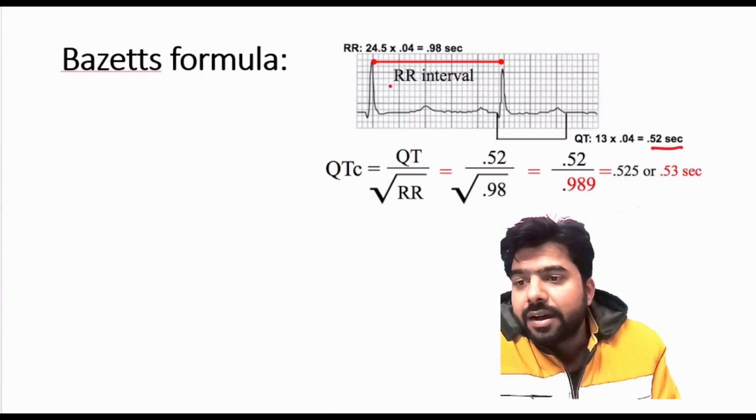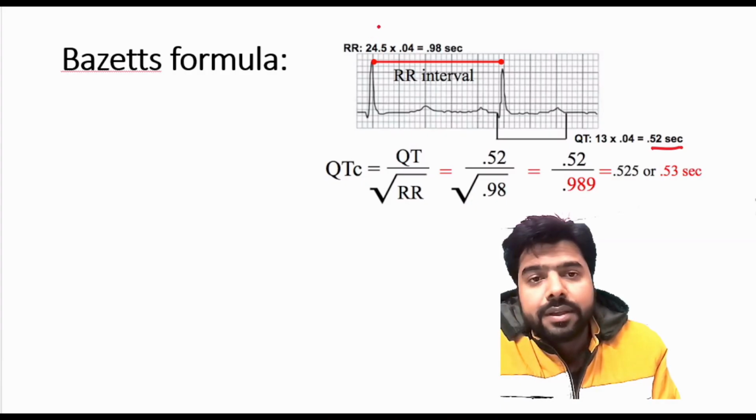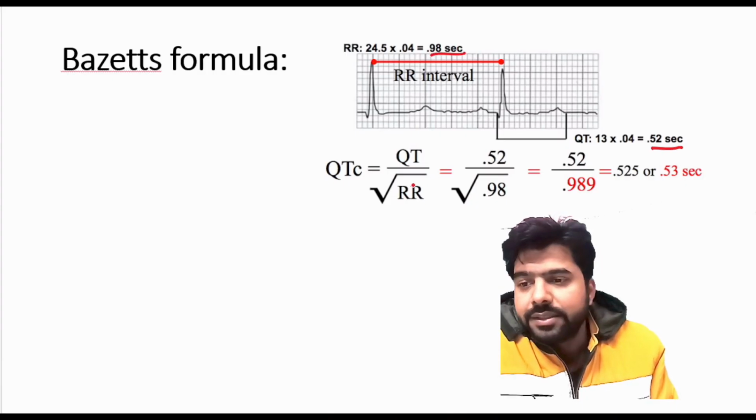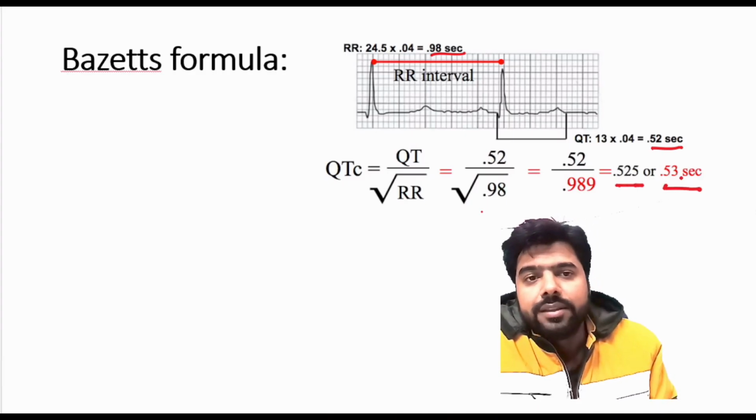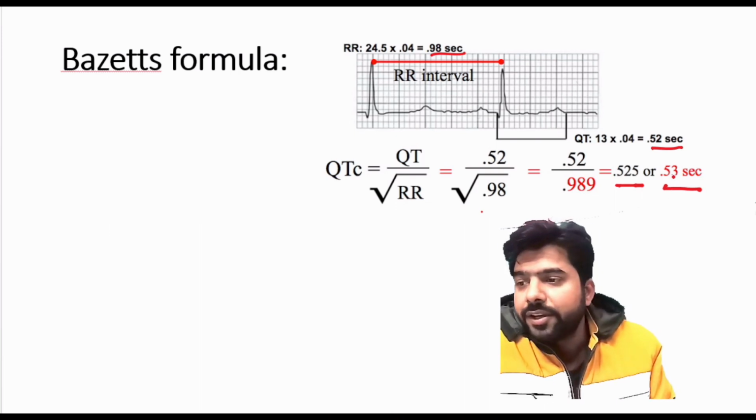And similarly the RR interval has 24.5 small squares, and 1 small square is equal to 0.04, so it is 0.98 seconds. So 0.52 upon the square root of 0.98 means 0.52 upon 0.989, which comes to around 0.525 or 0.53 seconds. This is how we calculate the corrected QT interval.